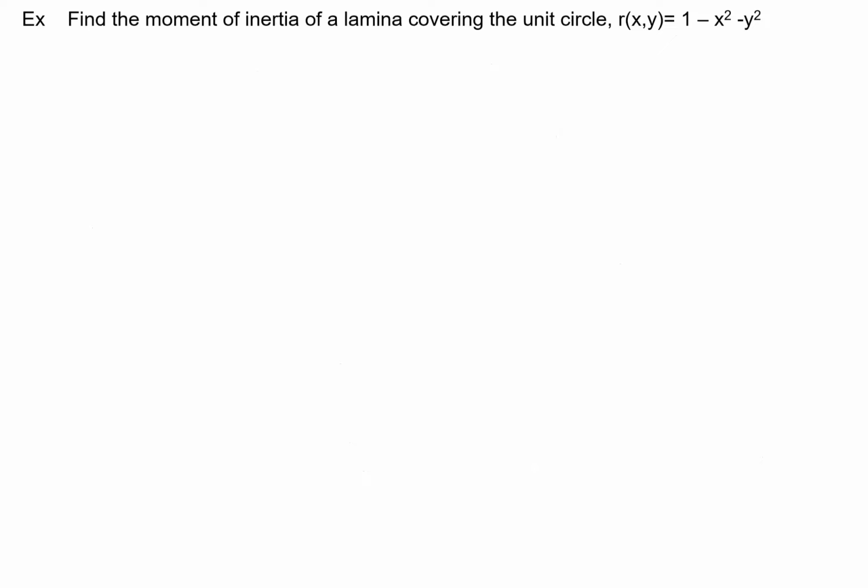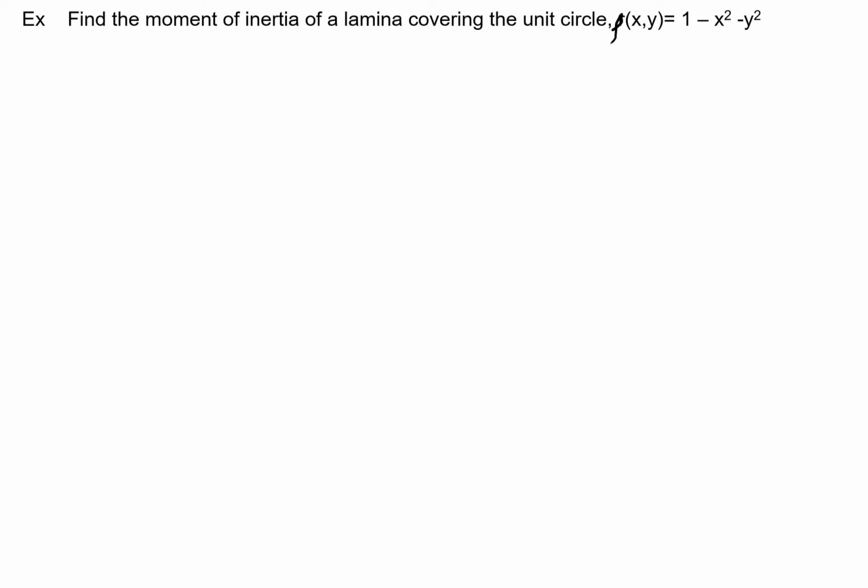Let's finally look at a problem that might look something like the type that you would see in the homework. So it asks to find the moment of inertia of a lamina covering the unit circle where rho, our density, is equal to 1 minus x squared minus y squared.